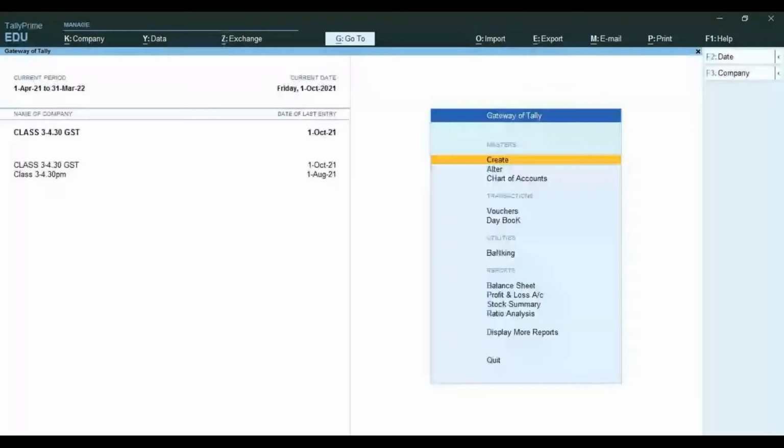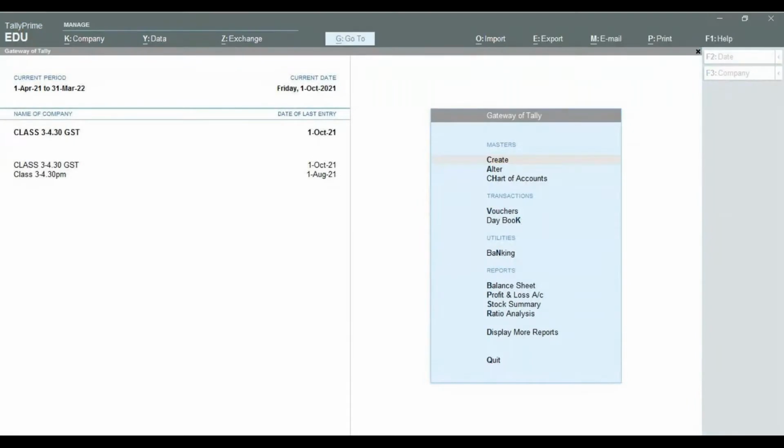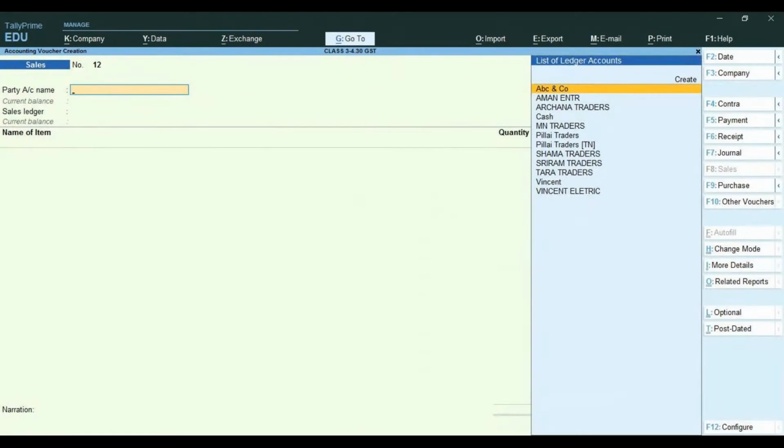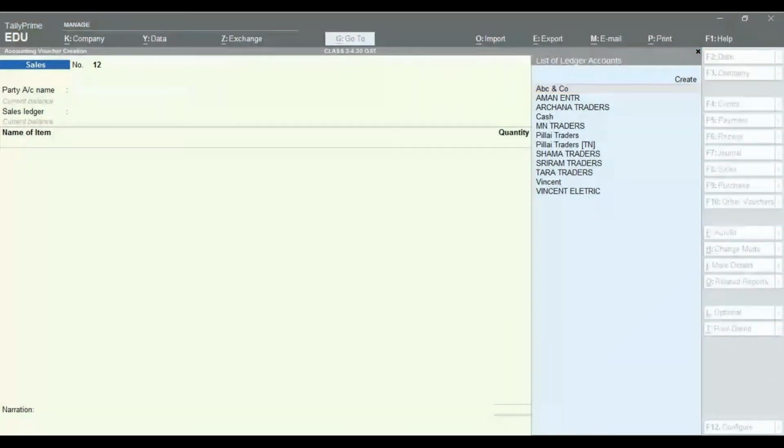So what does the question say? It says the company provided advertising services. To whom? Zenith Private Limited. So go to voucher. We provided, so sales.